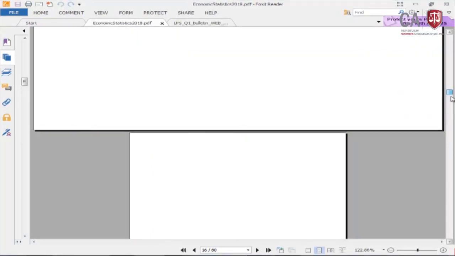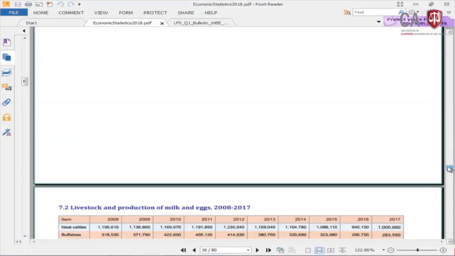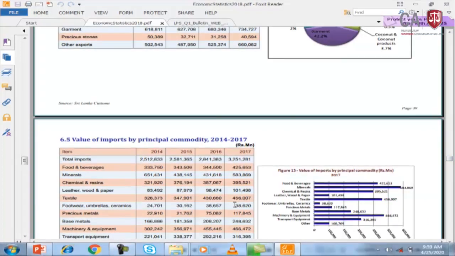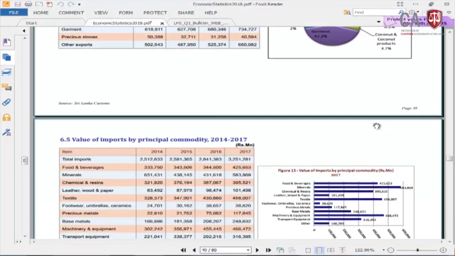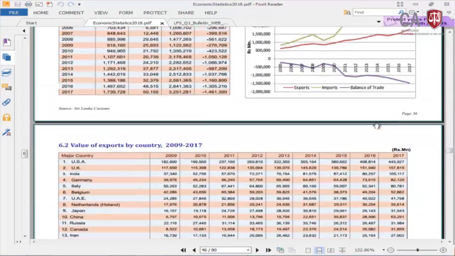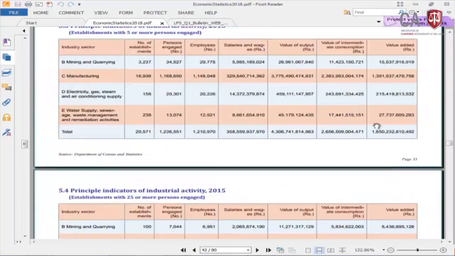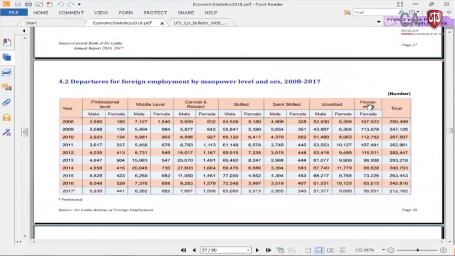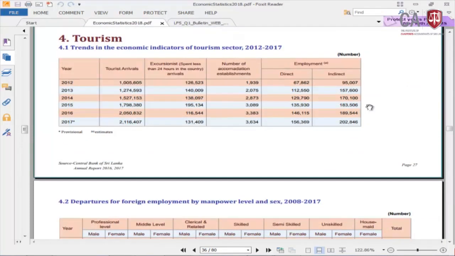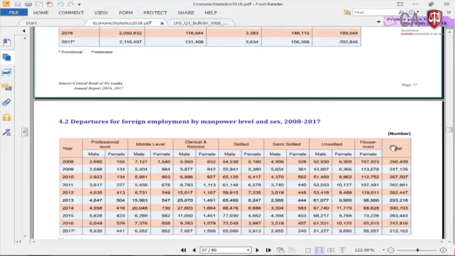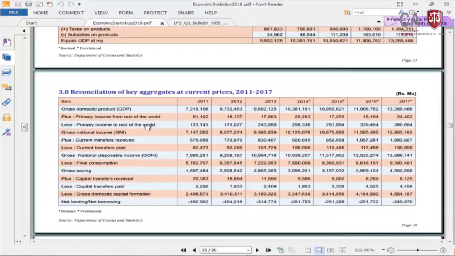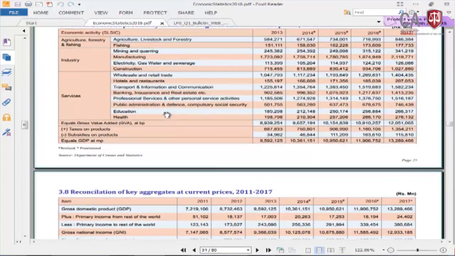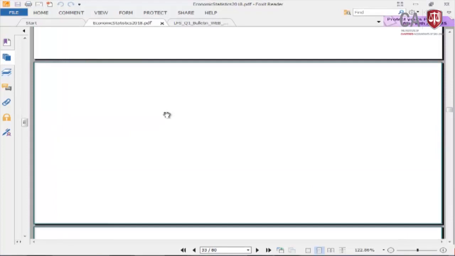If we go to page number 27, you can see the manpower, the professional level and the middle level. Those are the things given by the statistical report.